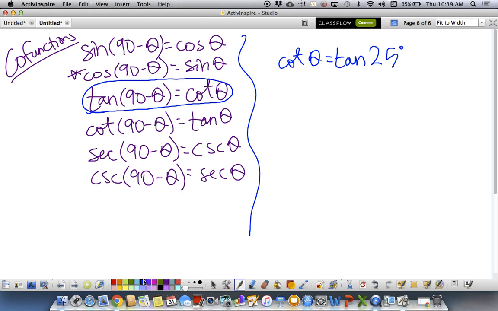Can I rewrite cotangent simply as tan 90 minus theta? Yes, this is another way to rewrite cotangent theta in terms of tangent. Wherever I see cotangent, can I put in tan 90 minus theta? That's all I did.